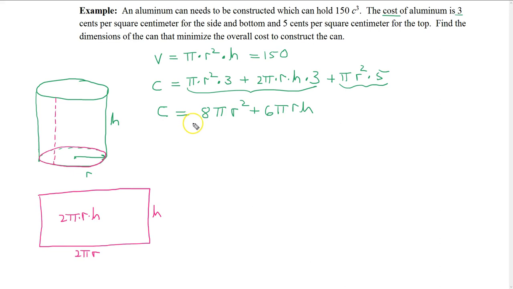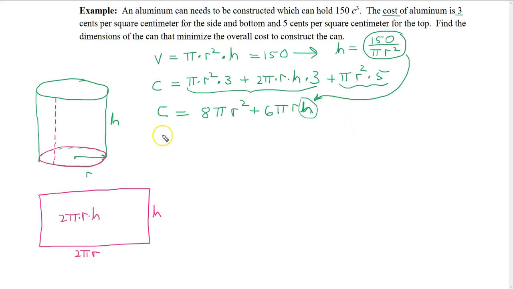Now, if you think back to our guidelines, we have our cost equation in terms of 2 variables. We have to get rid of one of these variables. So we'll choose to get rid of the h right here. So we have to go back to our other equation up here, and we'll use this to solve for h in terms of r. Well, dividing the pi r squared under the 150, we get that h equals, and now we'll take this and put it in place of the h right there.